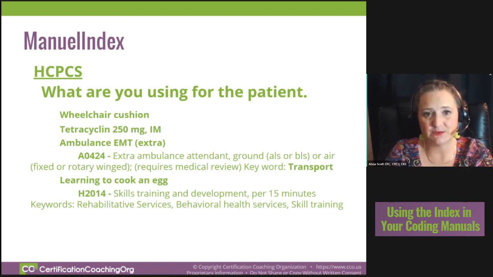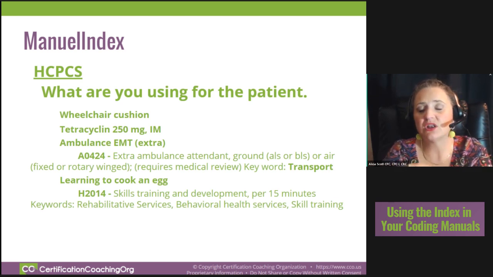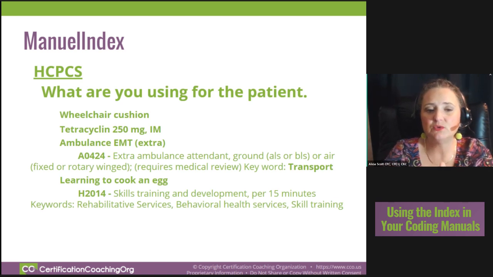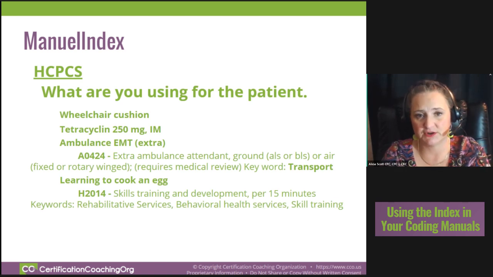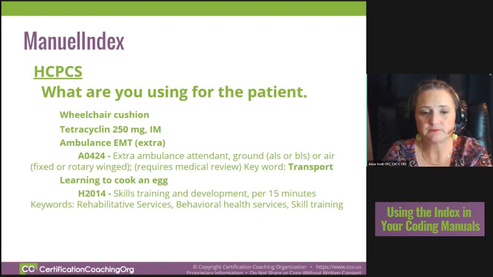You look at the index the same way. The thing of it is there's a lot of different stuff in a HCPCS manual. It's not that big of a manual, but it's not only supplies, it's medications and so on and services that are being provided to the Medicare patients. So if you look up something like a wheelchair cushion, let's say our patient is a paraplegic and they need a wheelchair cushion.